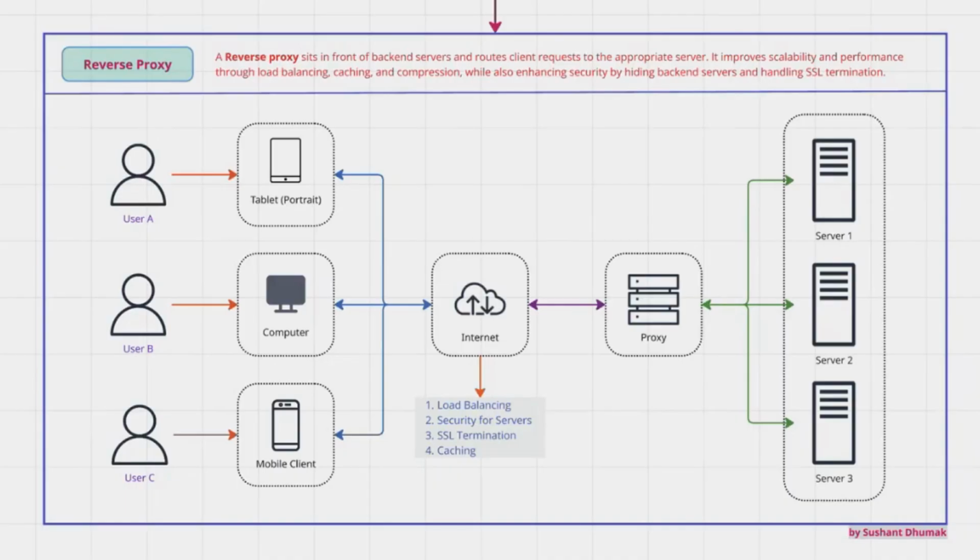What is the difference between a forward proxy and a reverse proxy? We have seen earlier that a forward proxy acts on behalf of the client. It manages the requests coming from the client and sends them to the internet. That is the whole role of a forward proxy. But a reverse proxy acts on behalf of the server. It manages the requests coming from the internet and then sends them to the server. That is the basic purpose behind it.